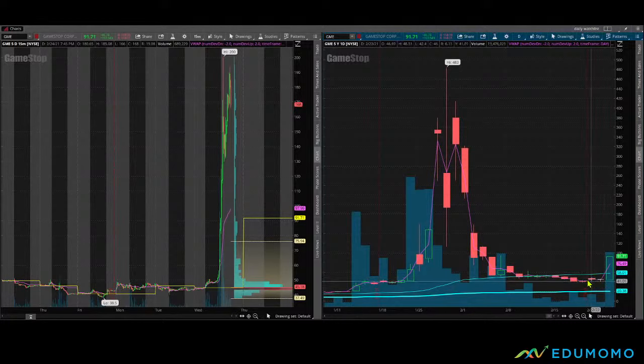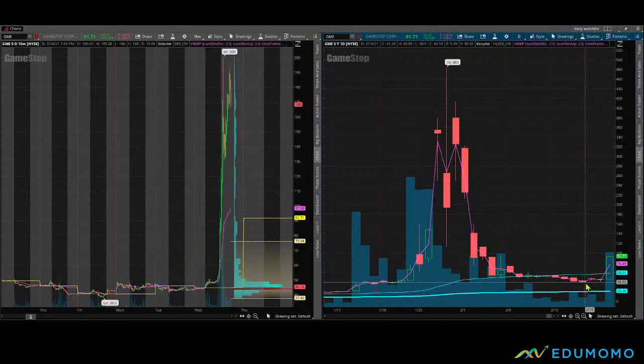My general thesis on the market from Monday and the day after was that we get the big flush out. We broke the 386 on SPY, and the market dumped into 380. Then I was looking for a bounce. So we got a bounce, and then we reclaimed that 386 in the market.